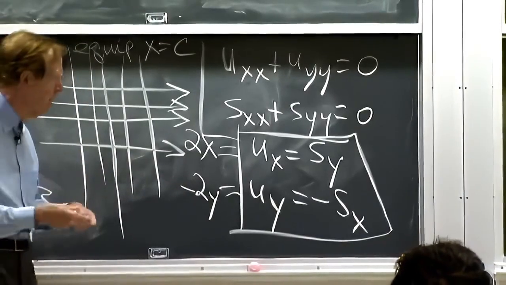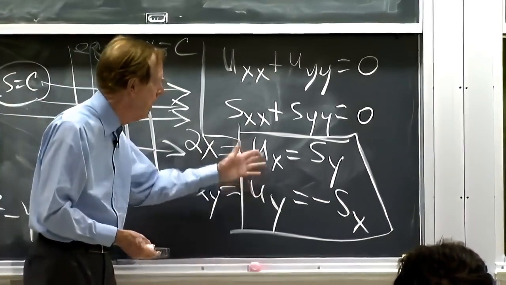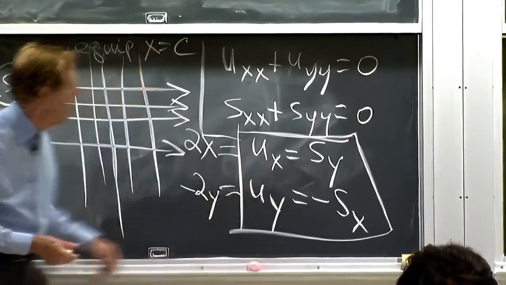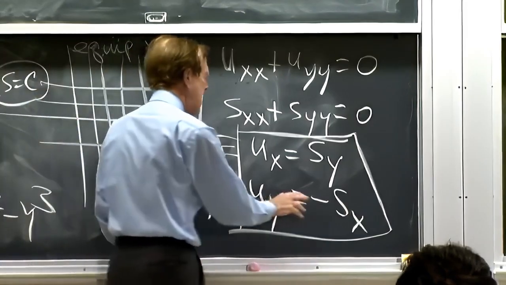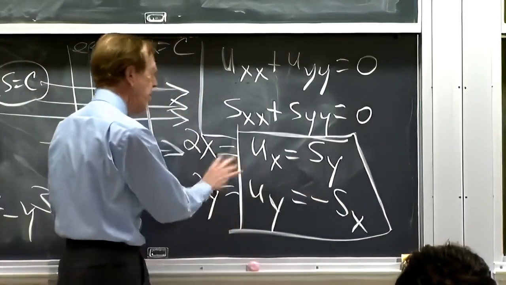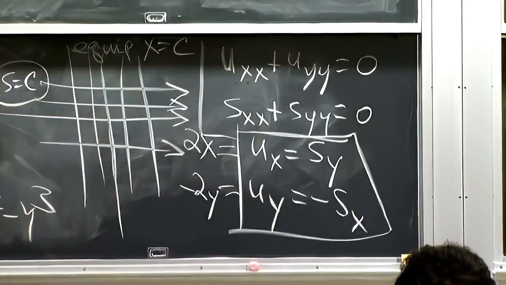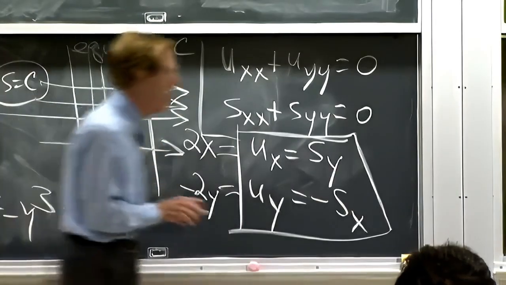It's maybe overkill to try to give a proof. What I want to say is that the gradient of u is a 90-degree rotation of the gradient of s. Let me put it that way.